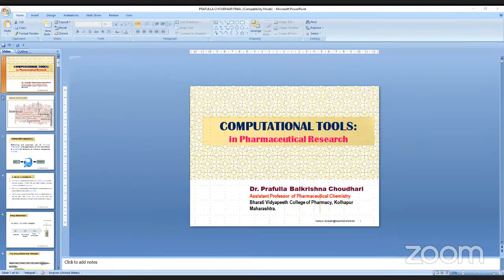When this chemoinformatics journey started, these computational tools were strictly restricted to the medicinal chemistry part, or you can say the drug discovery part. But after continuous upgradation of computational tools, languages and databases, these tools are nowadays commonly applied in phytochemical research and analytical research. You can correlate the analytical behavior of any substance with the computational tool also.